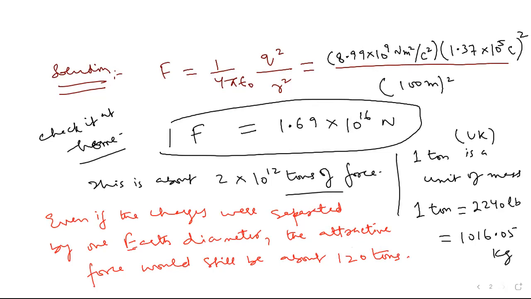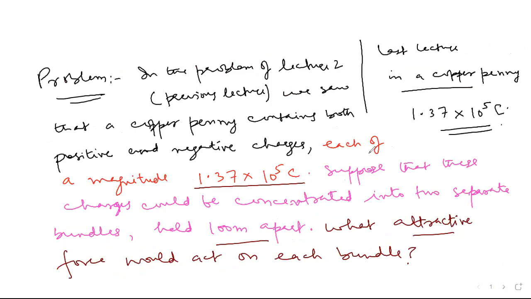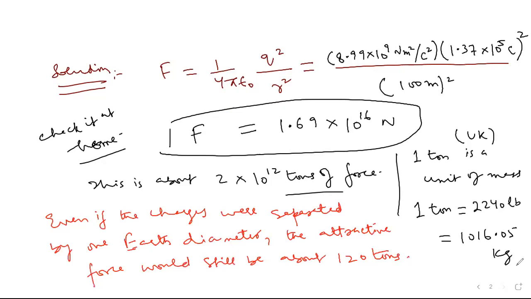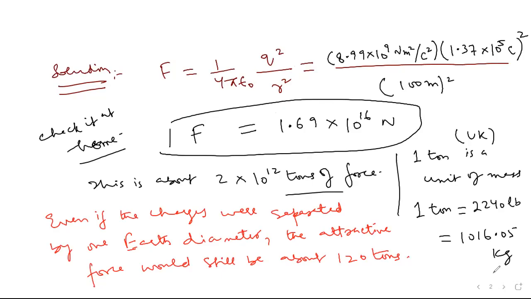We said if these charges could be concentrated into two separate bundles, right? Whose dimensions are small compared to their separation because we assumed as if they are point charges, right? And used Coulomb's law in scalar form, right?